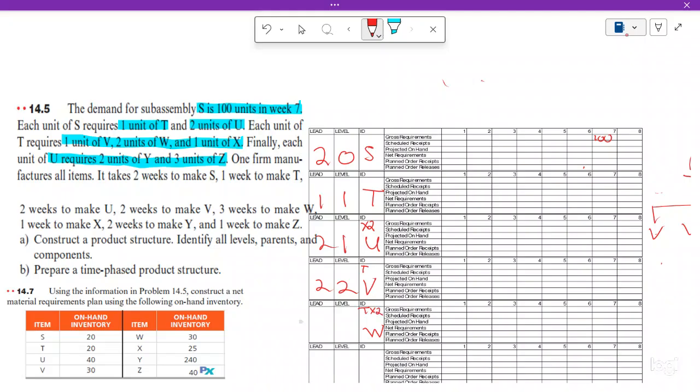This is for me to remember when I need to multiply certain values. Again, it takes 3 weeks to make W.